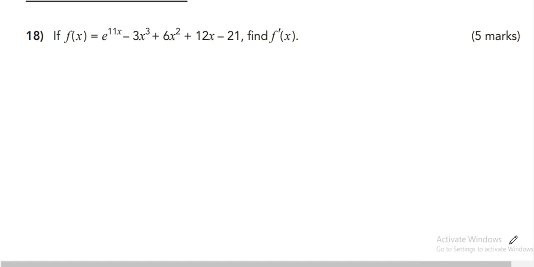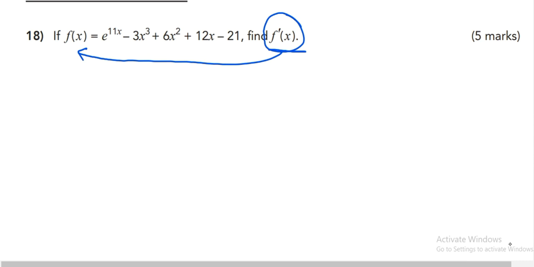Question 18. If f of x equal e to the power 11x minus 3x to the power of 3 plus 6x to the power of 2 plus 12x minus 21, find f dash of x. Here we want to find the first derivative of this function. In this question you have to pay attention, is it the first derivative or the second derivative or the inverse.